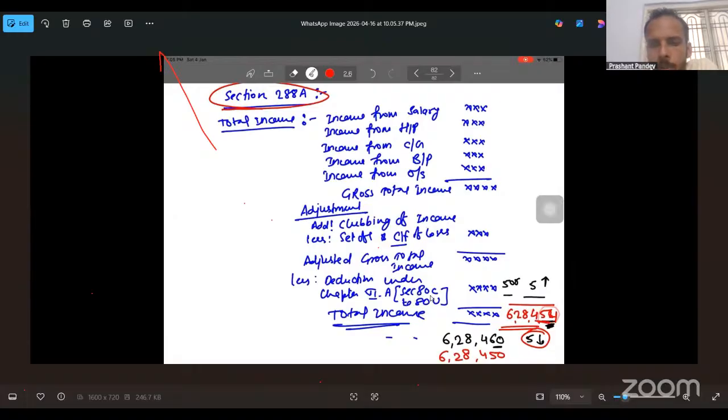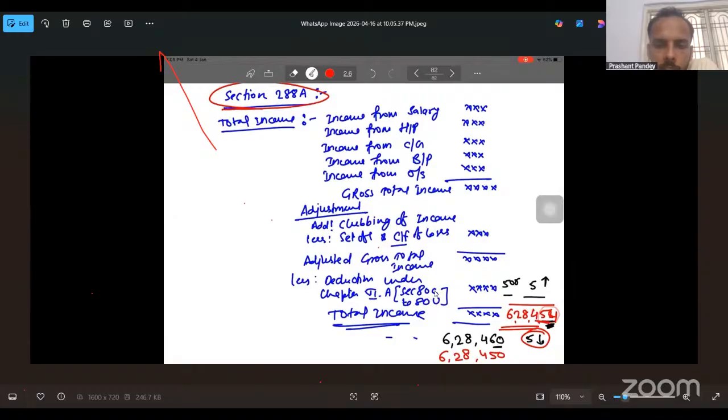You can go through my previous class wherein I have taught you the deductions that exist from Section 80C to 80U. For example, pension, insurance policies, contribution to Sukanya Samriddhi Yojana, or disabled dependents.